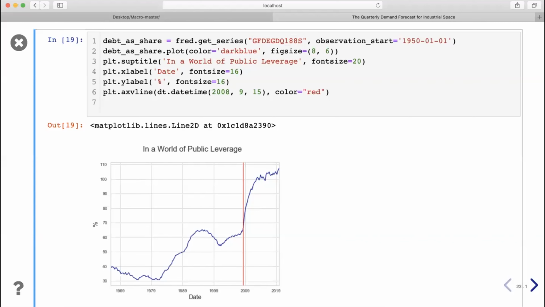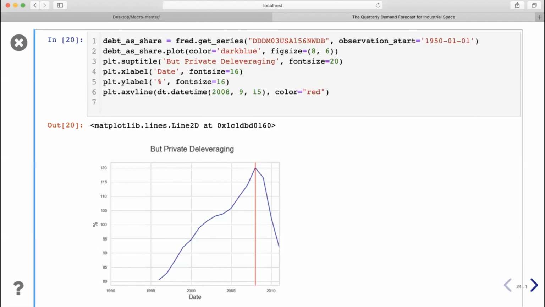And this is occurring in a world of public leverage, right? A deficit is a flow, debt is a stock. This is basically the amount of public debt in the US as a share of overall US output. And you can see this now exceeds 100%. By the time this is over, this number will probably exceed 120%.